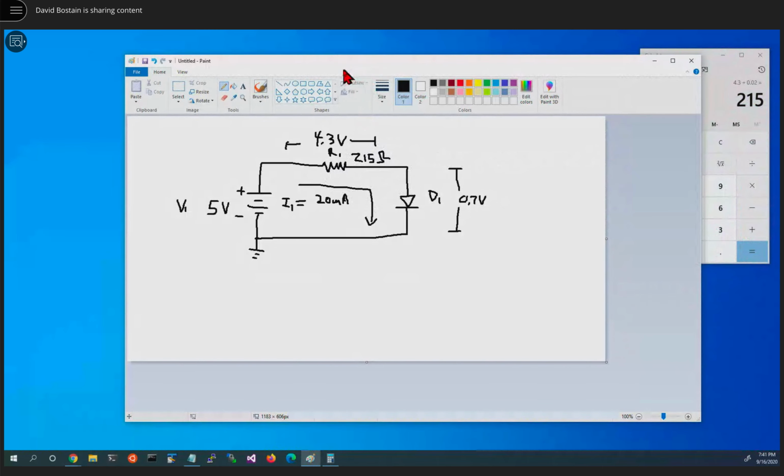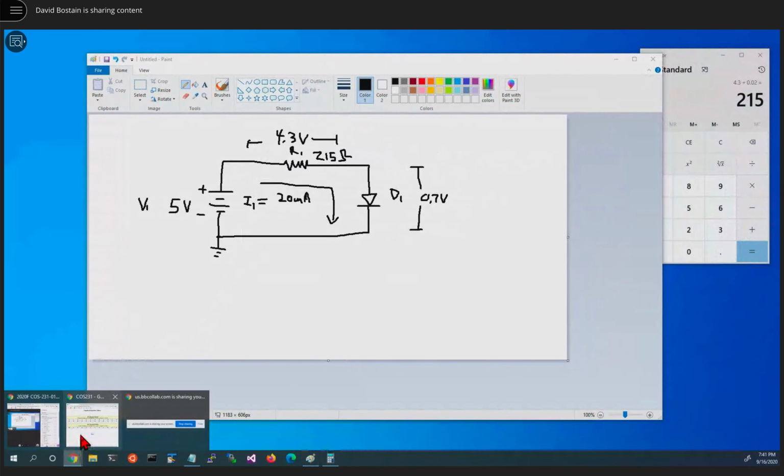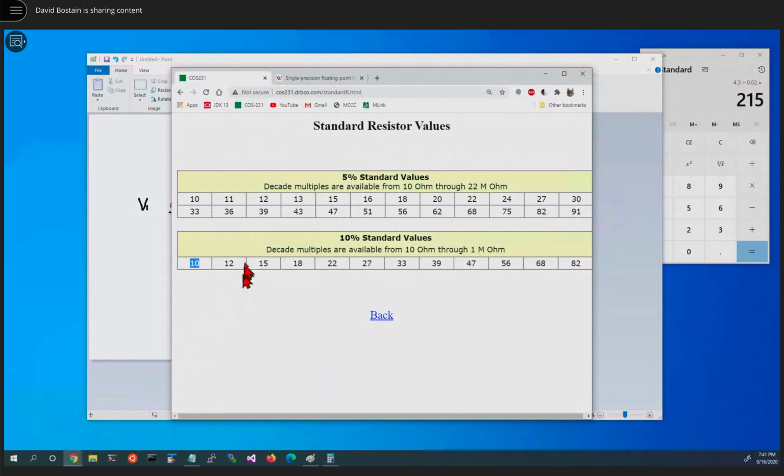Okay, now, let's assume we went to the store and we looked at values of resistors that are available. We see there are only 2 digits, they're not 3 digits. So what's close to 215? Well, 220 is pretty close. We also could get a 200.